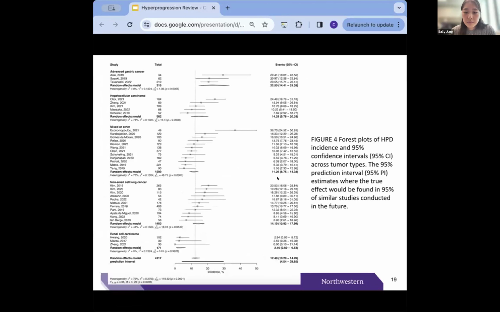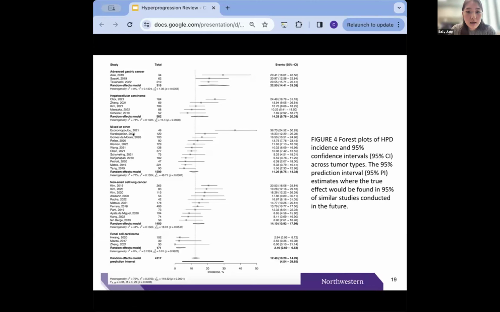So in this figure, the estimated incidence of HPD was also obtained for each tumor type subgroup. As you see, advanced gastric cancer, hepatocellular carcinoma, mixed or other, non-small cell lung cancer, etc. The estimate was highest for advanced gastric cancer and HCC, so hepatocellular carcinoma, and non-small cell lung cancer, and mixed or other type groups right here.